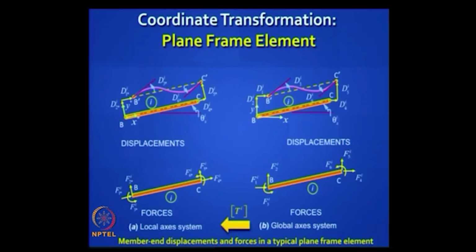As far as the coordinate transformation is concerned, I am showing a picture which I showed in module 3, where we tried to show the relationship between the degrees of freedom expressed along the global axes with respect to those expressed along the local axes, and that transformation is Ti.